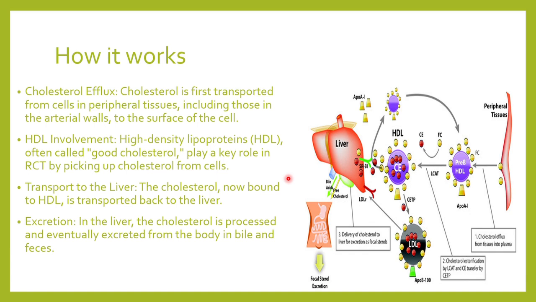Whatever the cells have taken, they have taken, and the remnants that they don't want are not allowed to stay there. They will be picked up by this HDL. It will then bring it back to the liver, and the liver will then excrete it eventually from the body in the bile, through the feces or the stools we pass, which will have the excess amount of this cholesterol processed by the liver.